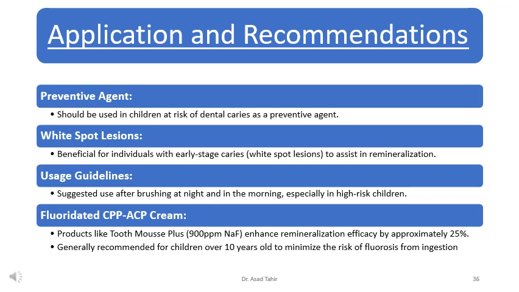Fluoridated CPP-ACP cream: products like Tooth Mousse Plus, containing fluoride, 900 ppm NaF, can enhance remineralization effectiveness by around 25%. Generally, it's advised for children over 10 years old to reduce the risk of fluorosis from ingestion. In essence, CPP-ACP can be a valuable tool in preventing cavities and treating early-stage decay, especially when used alongside fluoride. It's important to follow guidelines for optimal effectiveness and safety.